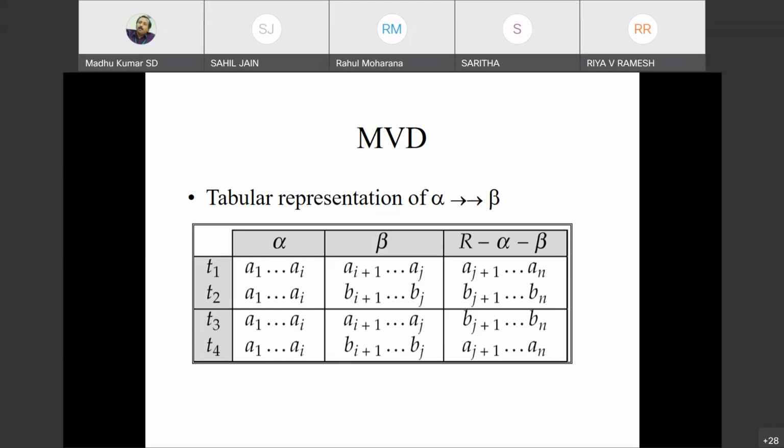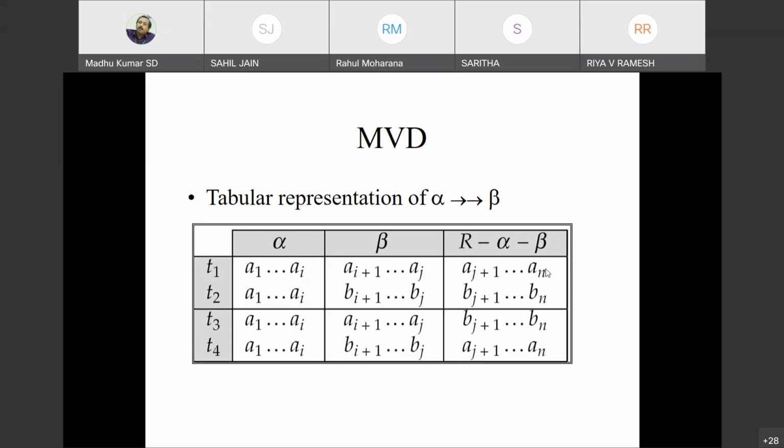All right. So here is actually a situation where even the concept of functional dependency fails. Here you don't have something like X determines Y, but what you have is X multi-determines Y, or alpha multi-determines beta. Corresponding to every alpha, there is a set of beta, and corresponding to every alpha, there is a set of R minus alpha minus beta.